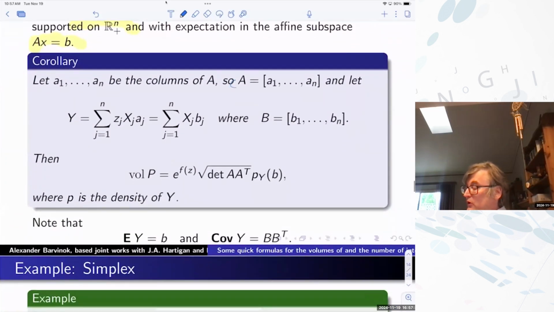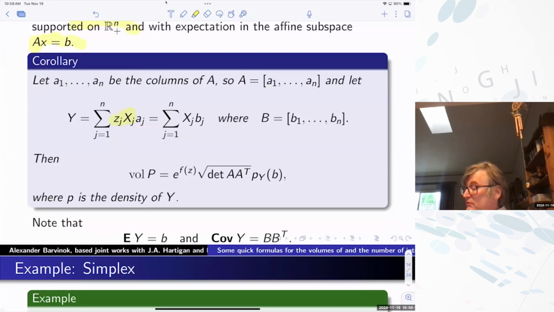And then of course, a simple corollary of that is that if you take this scaled exponential distribution, you multiply the columns of the matrix, right? So you get the matrix B, you get a random variable.